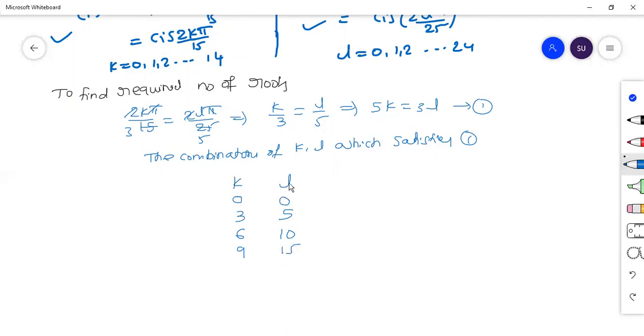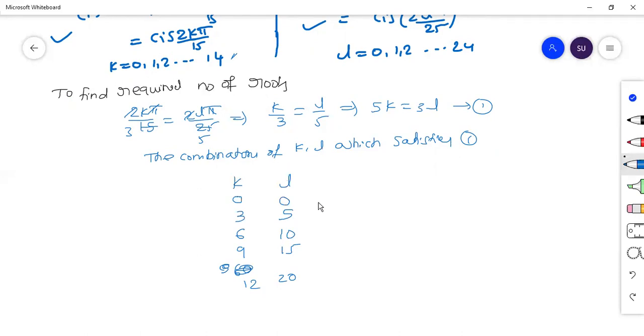Next, 5 twelves are 60, so k is 12, then L should be 20, since 3 twenties are 60. More than that we cannot take, because k values can only go up to 14.